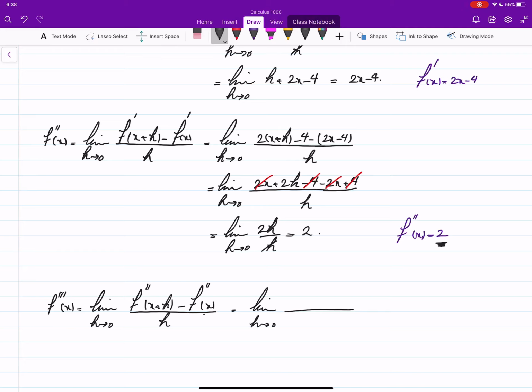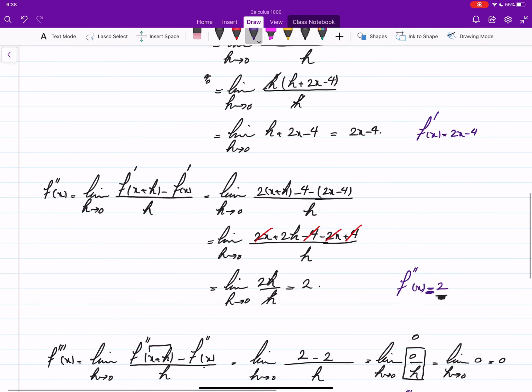So if a constant you evaluate at any point, in particular x plus h, you get 2. And f double prime of x is 2 over h. So what we found here is 0 over h as h goes to 0. Here, you see, I'm not really taking a limit. This function is 0. So I'm trying to find the limit of a constant. And by the constant law, we have 0. This means that the third derivative of this function is 0. The first derivative is 2x minus 4, the second derivative is 2, and the third derivative is 0.